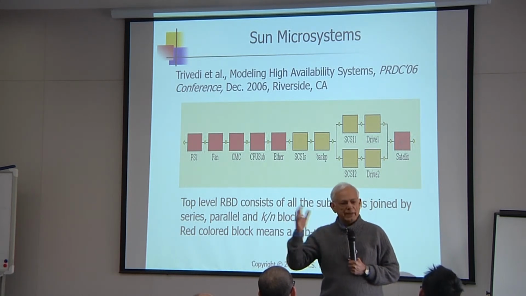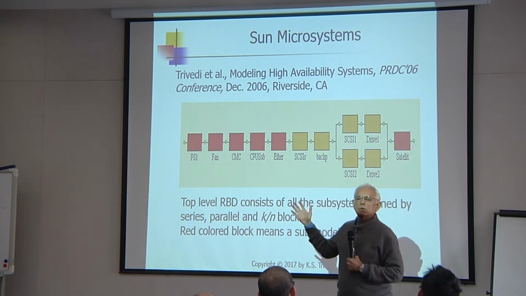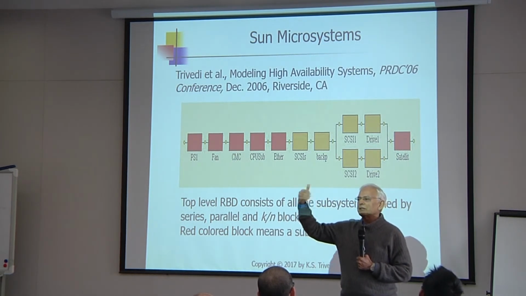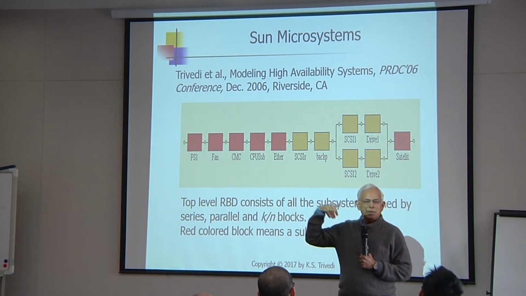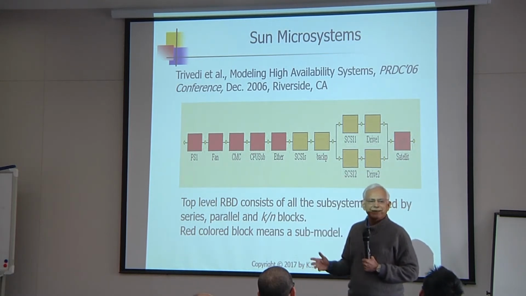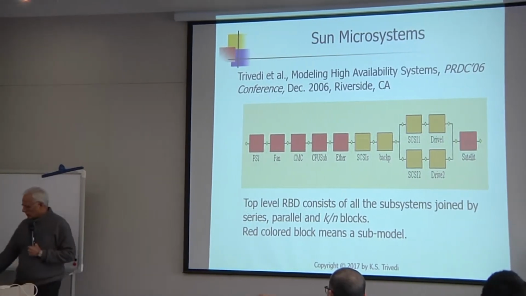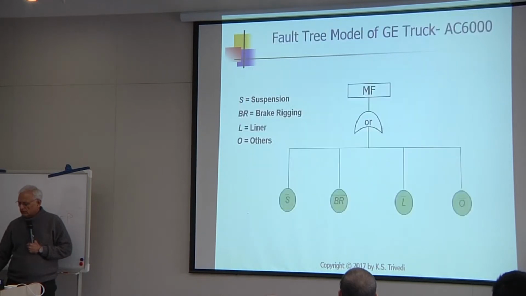It's a sort of a complement. In reliability block diagram, you're looking at conditions under which the system is up. In fault tree, you're looking at conditions under which the system is down. So a pessimist approach rather than an optimist approach. And so instead of showing you details of this, let me just show you.